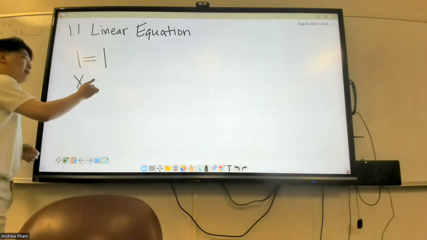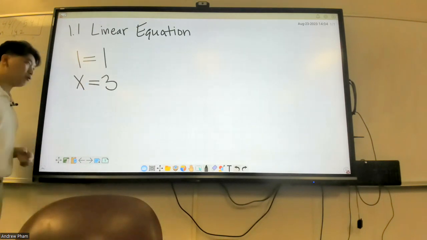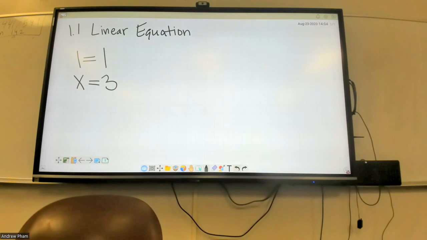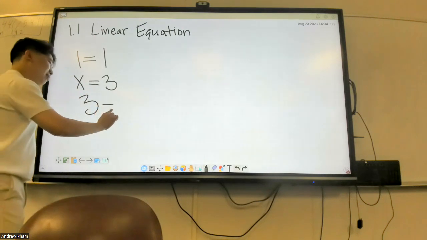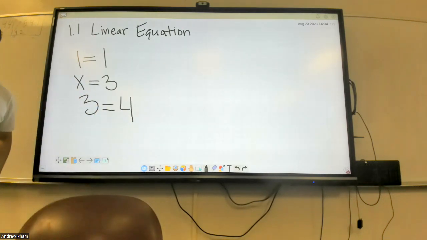If I have something like x equal to 3, is that an equation? Yeah, this is just saying that x is 3. What if I give you 3 is equal to 4? Is that an equation? Yeah, so it's still an equation. It's not a good equation. It's not correct, but it's still an equation.